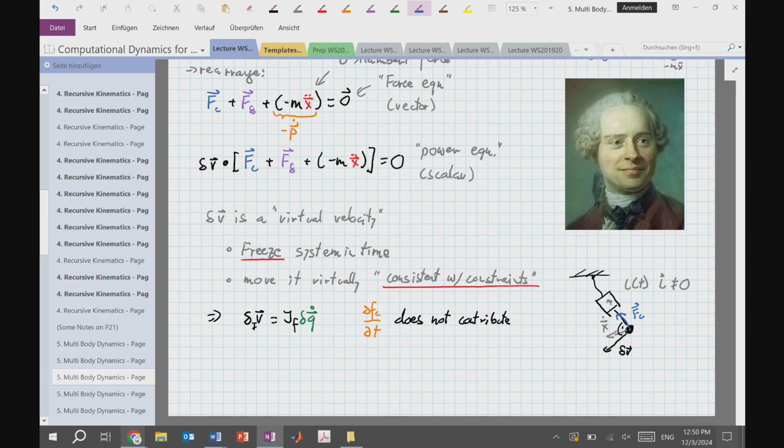My constraint forces live in the span of JG, of the constraint Jacobian. And since these two are orthogonal, the product between FC and virtual velocity is always going to be 0. It's not the same for rheonomic constraints. Rheonomic constraints can produce power, but scleronomic constraints do not produce power. They're purely passive.